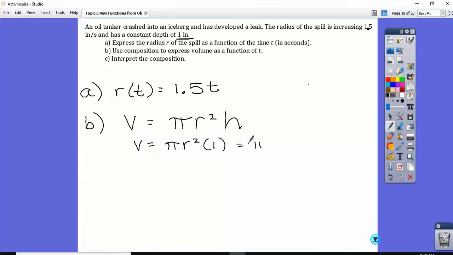So our volume is really just pi r squared. So I want volume as a function of t. Means I'm asking you to get rid of this r, but we already said r was 1.5t. So we have pi times 1.5t squared.